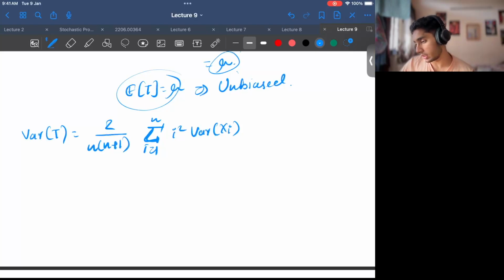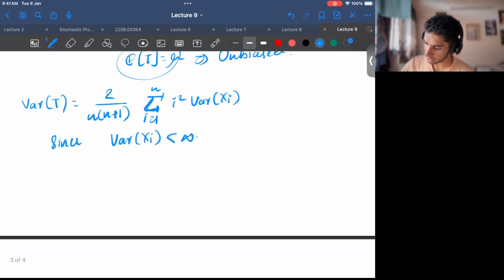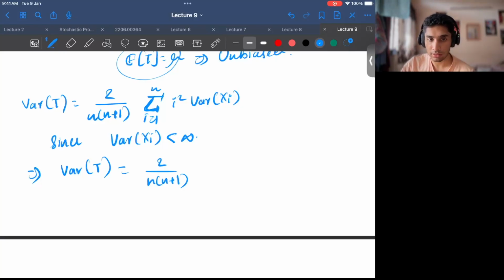Okay, this is a finite sum. Since the variance of xi is given to be less than infinity, the variance of t is equal to 2 over n into n plus 1.